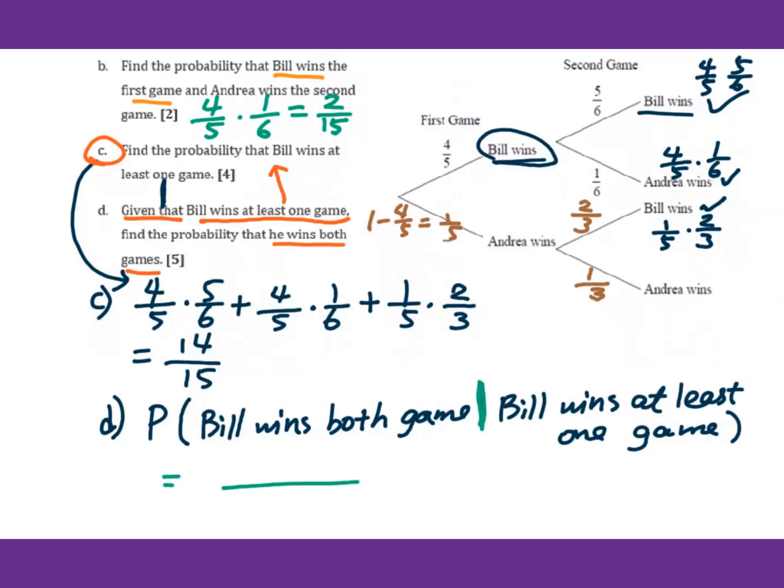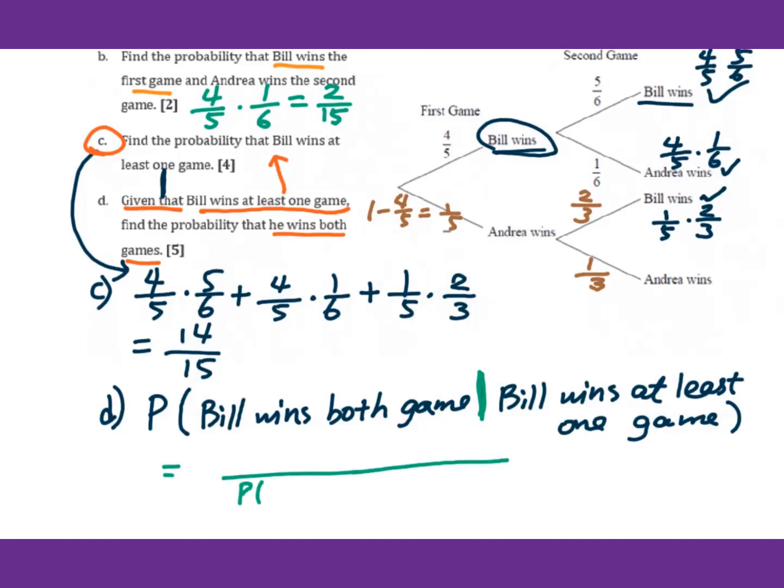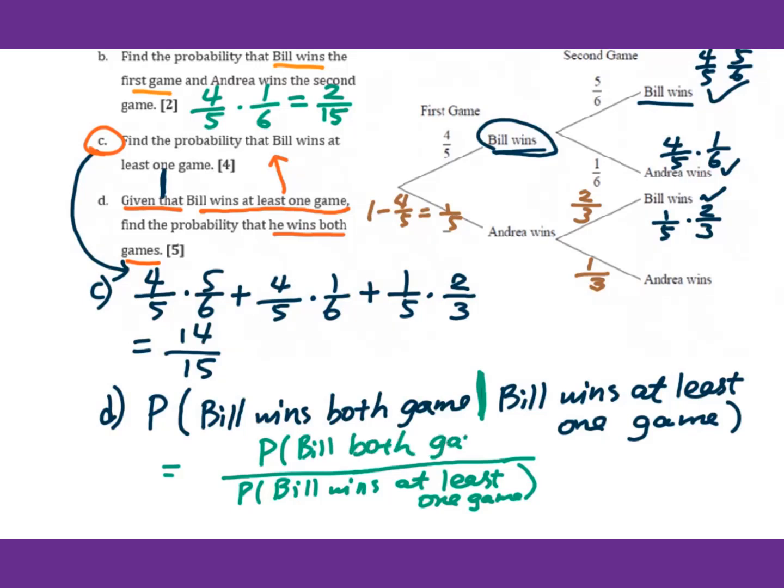So you will get the probability Bill wins at least 1 game on the bottom. On top will be the probability Bill wins both games. At least 1 game, we already got, it's 14/15.